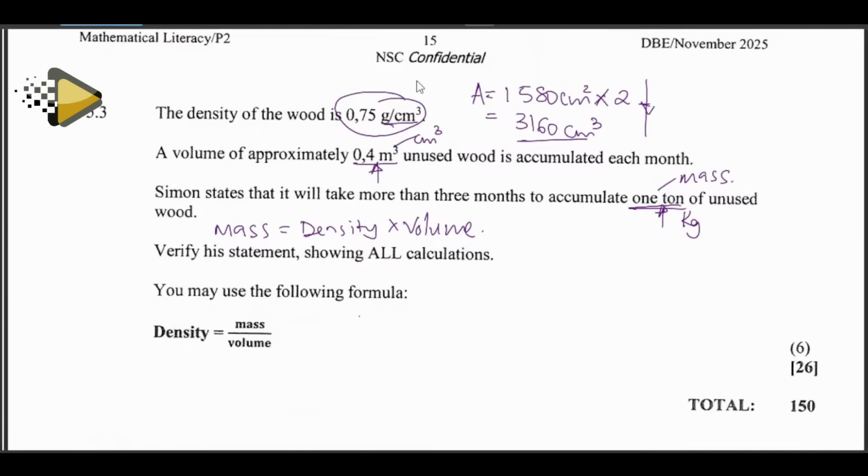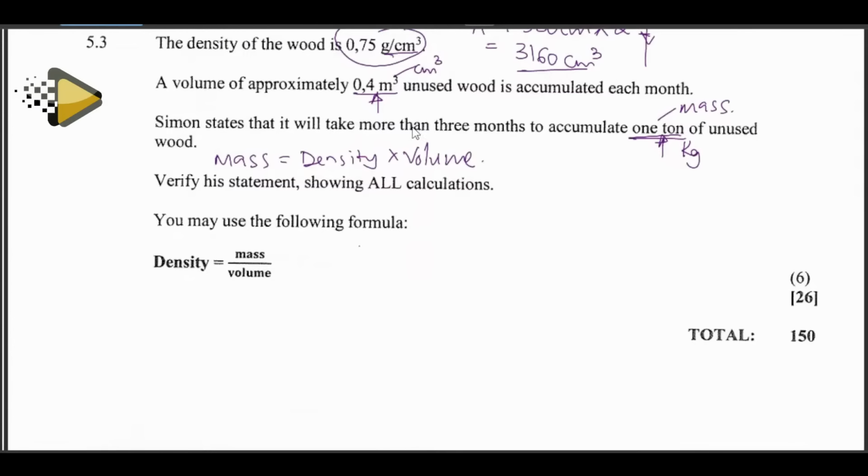So density, but then this has to change to centimeters, meaning meters to centimeters, we multiply by 100 cubed. So let's change the 0.4. So it became 400,000 centimeters cubed.